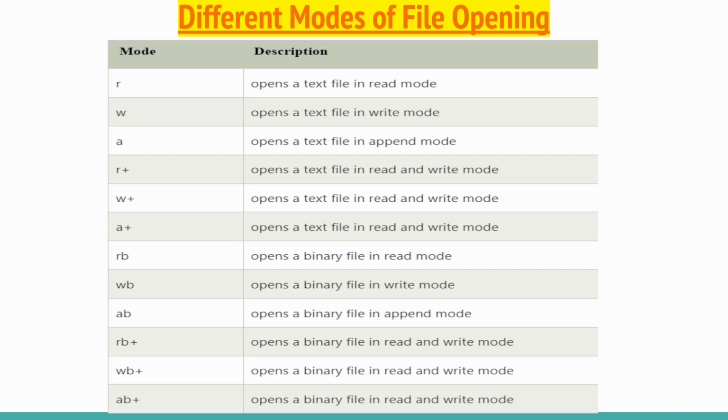And if you want to perform both read and write simultaneously, you can write R plus or W plus or A plus also. So all these operations were for text files.